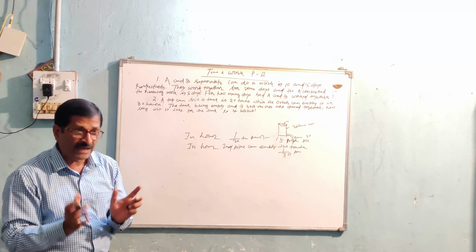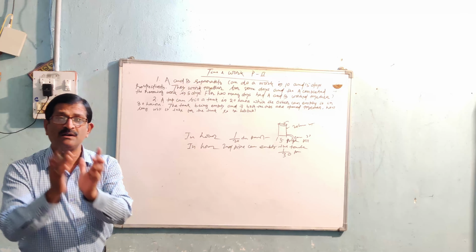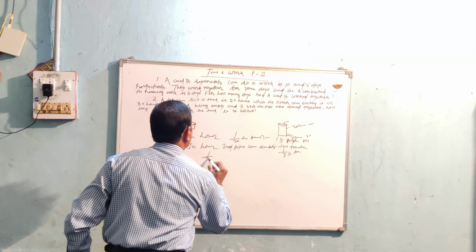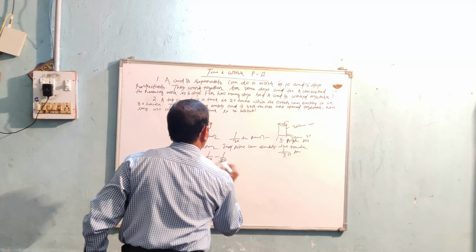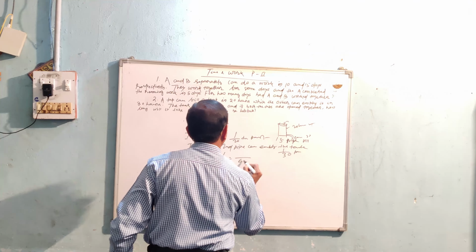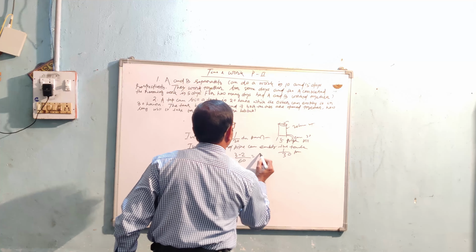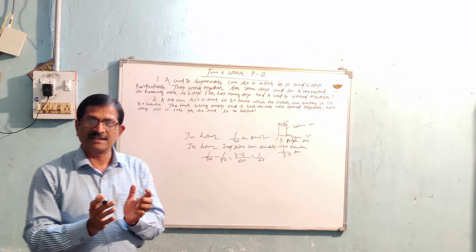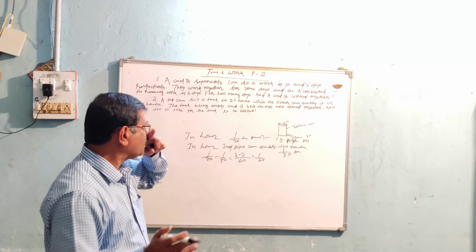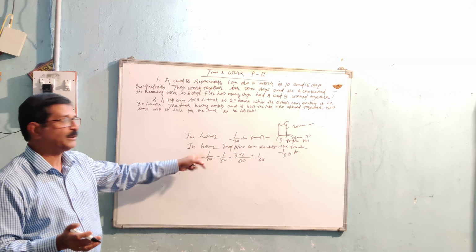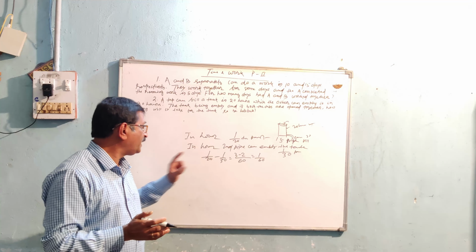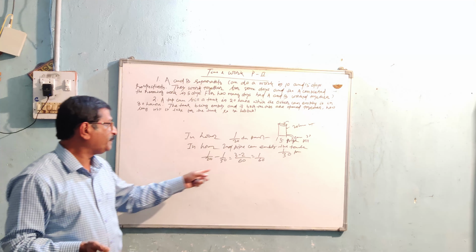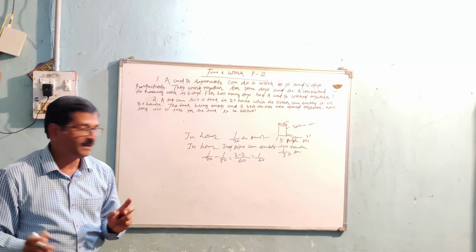Hence, in 1 hour what part of the tank is filled? 1/20 minus 1/30, which means 1/60th part of the tank.